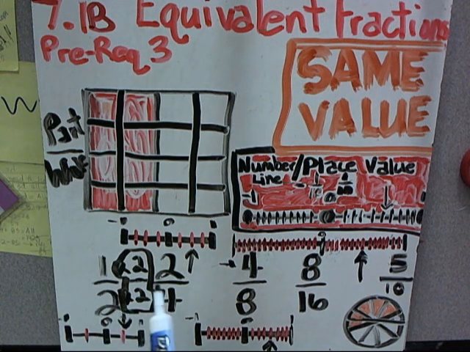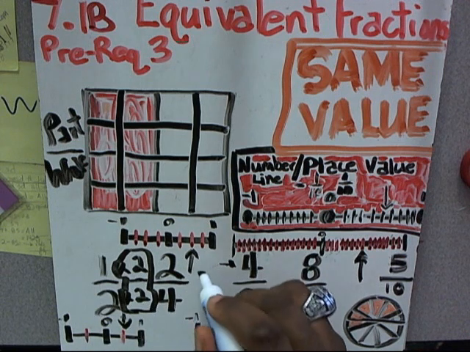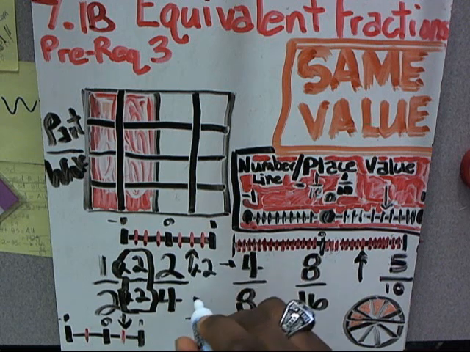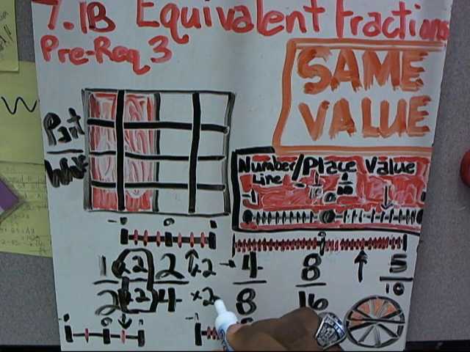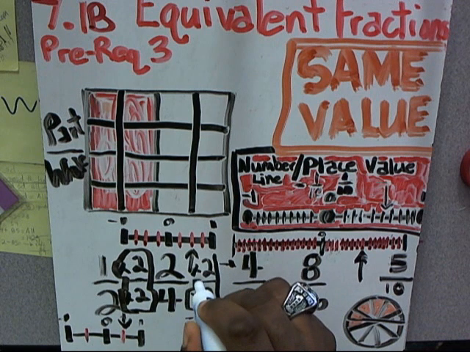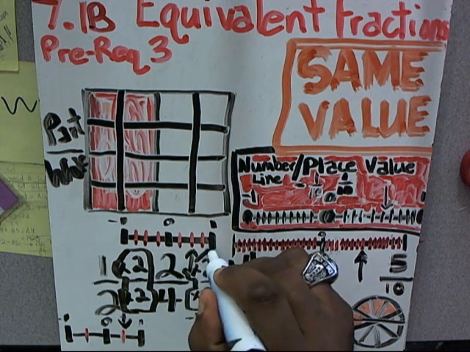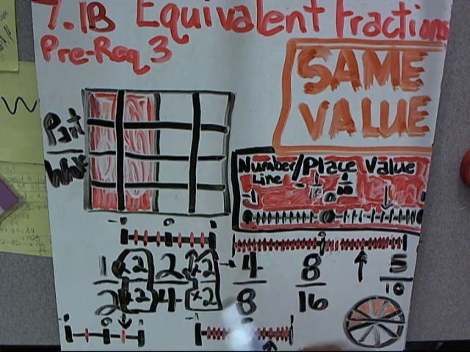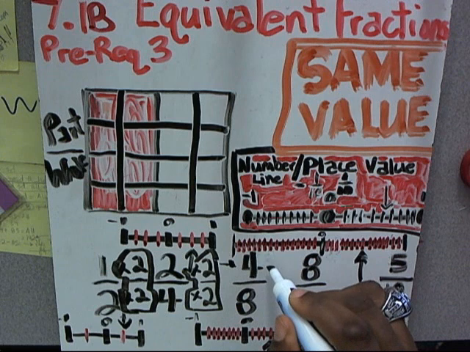So when I multiply, that's 1 times 2 equals 2, and 2 times 2 equals 4. I do the same thing here. I multiply by 2. Because this is the same, 2 times 2 equals 4, 4 times 2 equals 8.